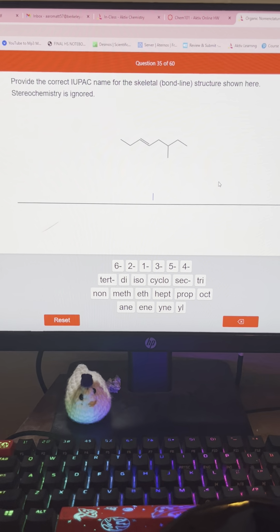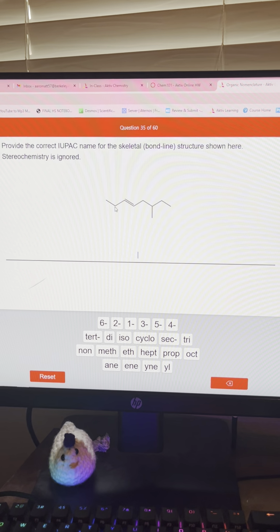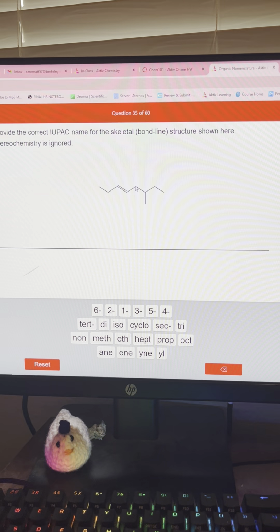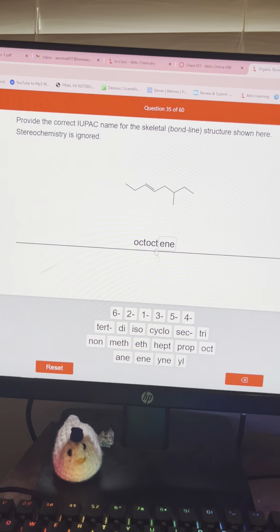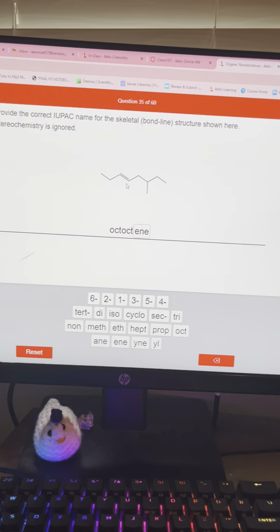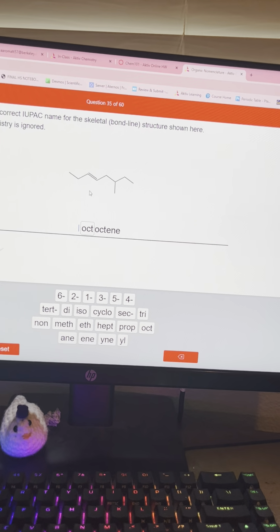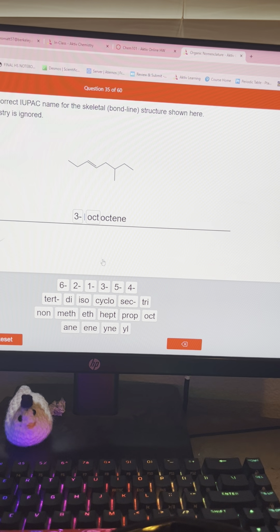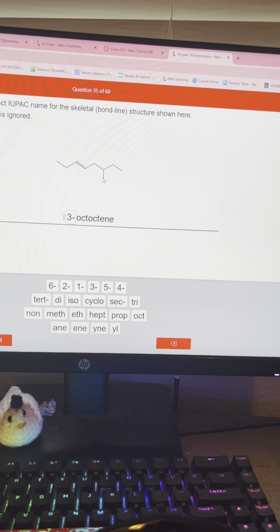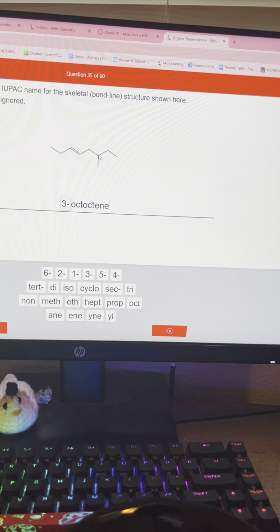Next. Okay. We're going to start over here. So we have 1, 2, 3, 4, 5, 6, 7, 8. So that means we have octene, because remember the double bond. And then we count where the double bond is. So 1, 2, 3. Double bond is at 3. And then where this methyl is. 1, 2, 3, 4, 5, 6.